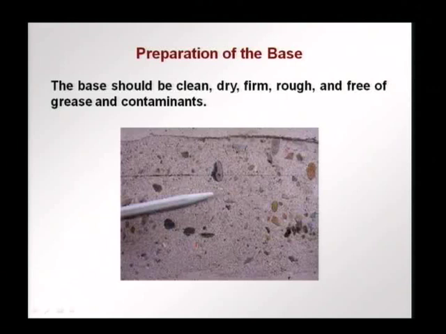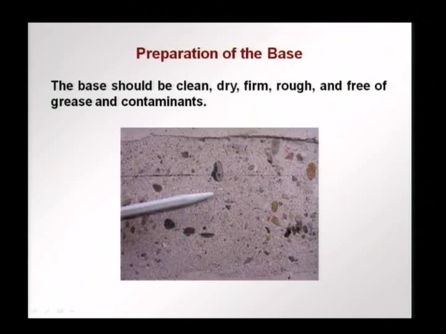If it is very smooth like a polished surface, then the glue binding the FRP and the concrete will not have enough surface area to bond to, and you can have delamination. It should also be free of grease, any contaminants. So we should be very careful that even the people who are applying this FRP should not cause contamination to the surface, otherwise you sacrifice the strength that we will be able to get.